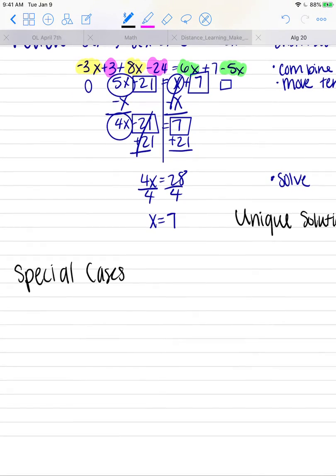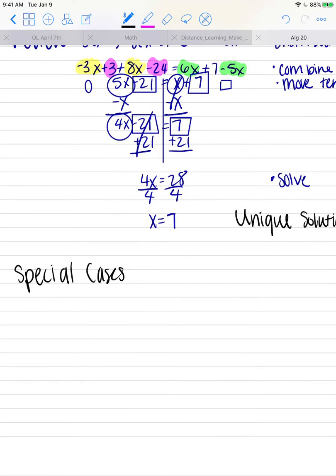If we are given the problem 9c plus 8 plus c minus 4 equals negative 5 times negative 2c minus 0.8.